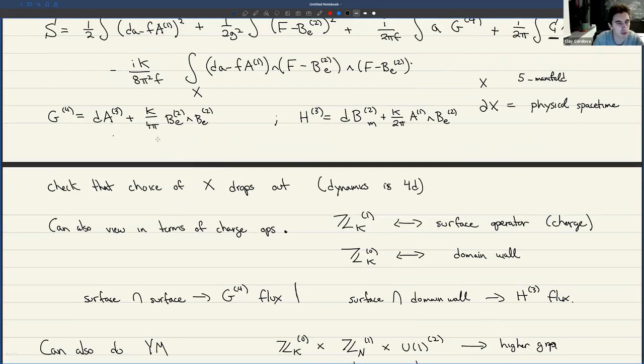But the way, if you look at these formulas, Abhijit, the way it comes out in the end is that the nonlinear term in G4, for instance, involves only the ZK electric one-form symmetry. So it doesn't involve the continuous magnetic symmetry. In this case, it does not. It's definitely not universal.